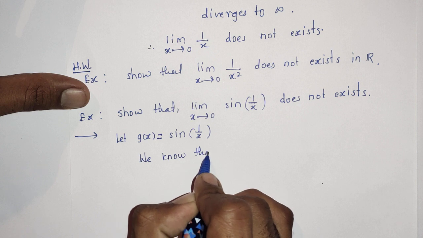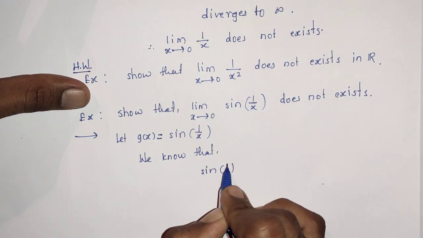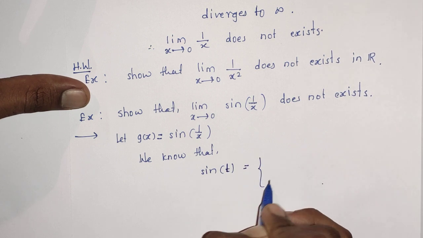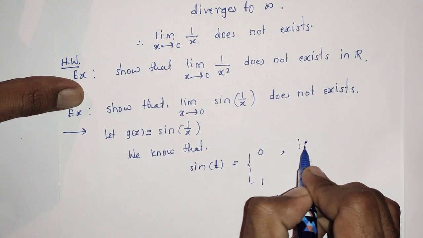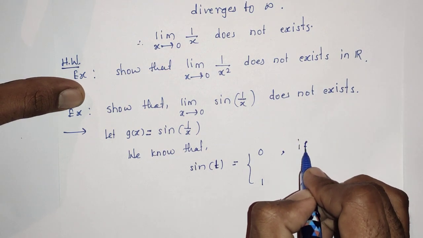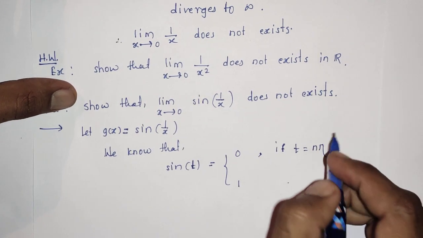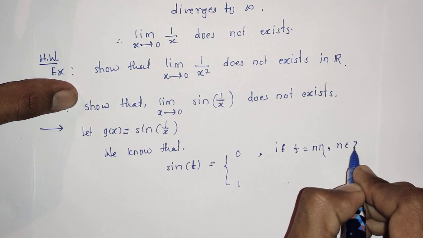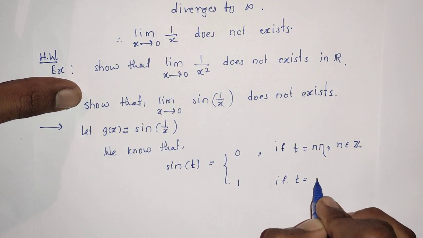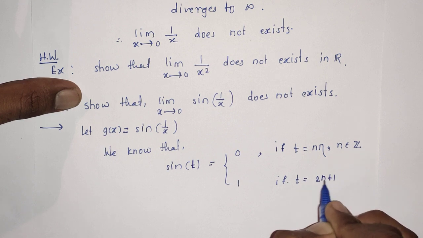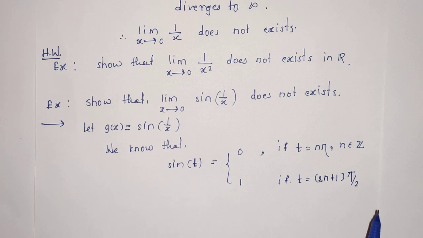We know that the images of the sine function include 0 and 1: sine t is 0 if t is equal to n pi, for n belonging to the set of integers, and 1 if t is equal to an odd multiple of pi by 2, that is, twice n plus 1 times pi by 2.